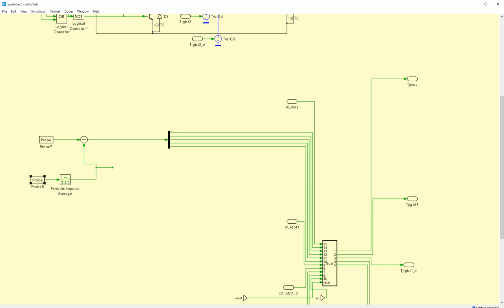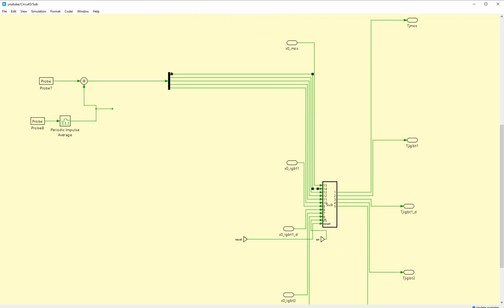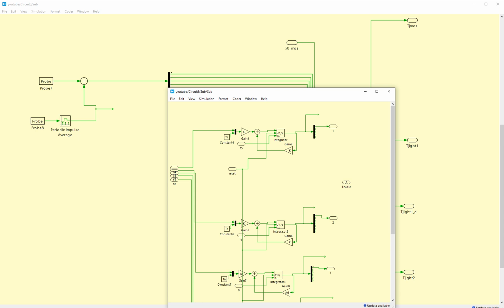Then I sum them up to get the total power loss for each device, the summation of switching and conduction loss. And then I feed this into my own circuit. As I said, I'm calculating the junction temperatures myself. As you see, I built a simple state space, x dot equals Ax plus Bu, and so on. So there's this integrator here.